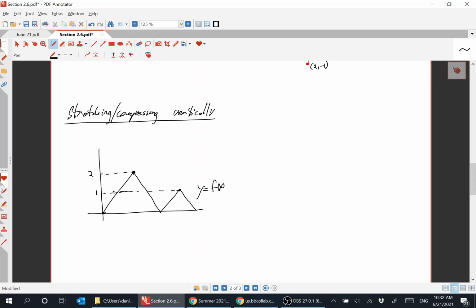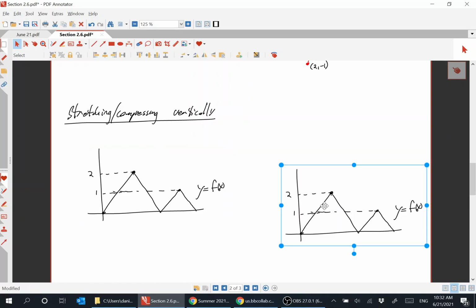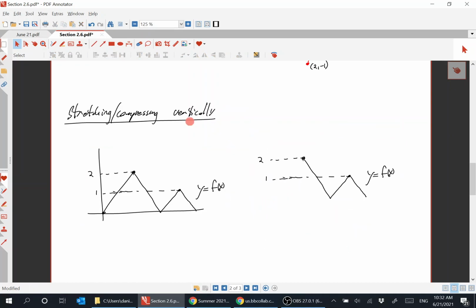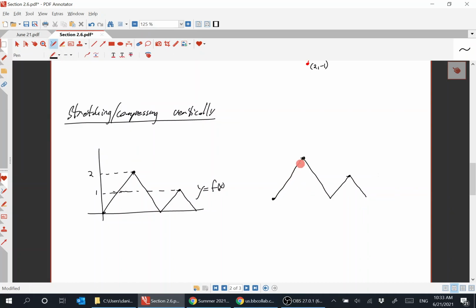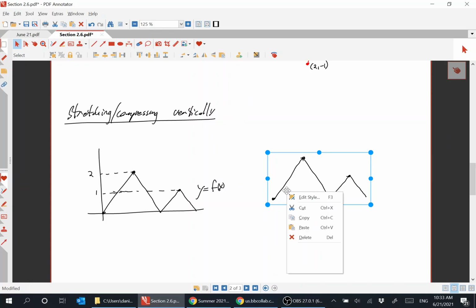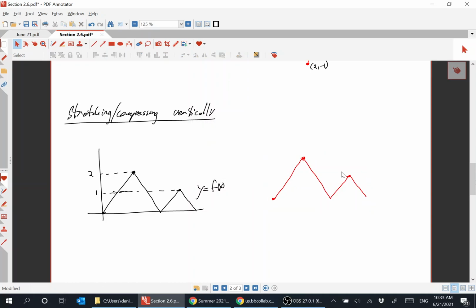Now, if I take that function and multiply the whole thing by 2, the whole function by 2, what it ends up doing is stretching that function vertically by 2 units.